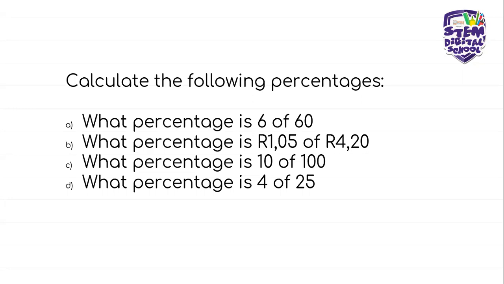Cesar found 10%, followed by Kylie, followed by Sakile, together with Lisedi. Right? We have 10%. And of course, how do you get this 10%? You take 10, and then you divide it by 100, and then you multiply by 100.